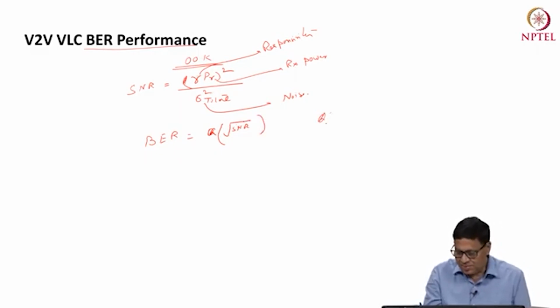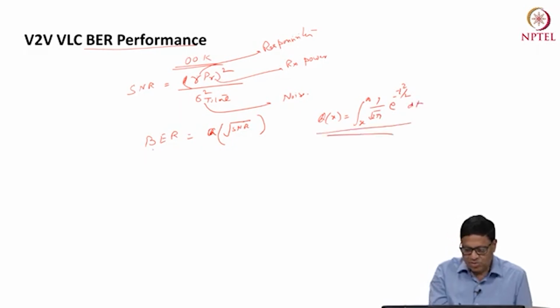And let me write here how you define the Q function. Q of x is the integral from x to infinity of 1 over root 2 pi e raised to the power minus t squared by 2 dt. So this is the Q function. So BER is given by Q of root SNR.